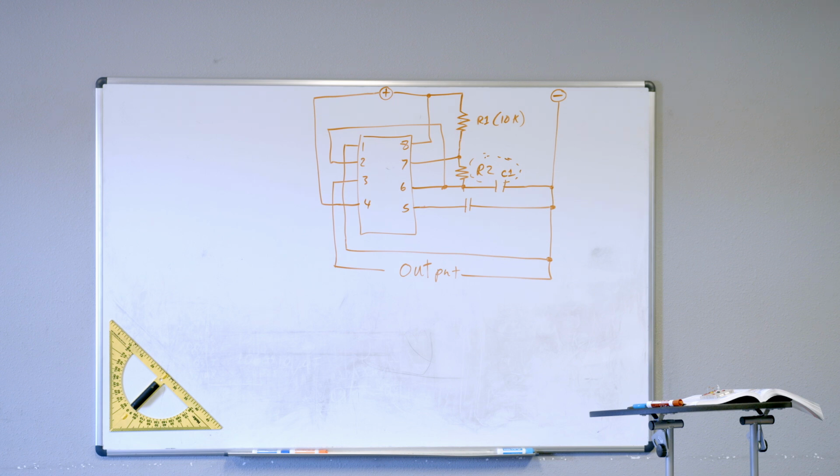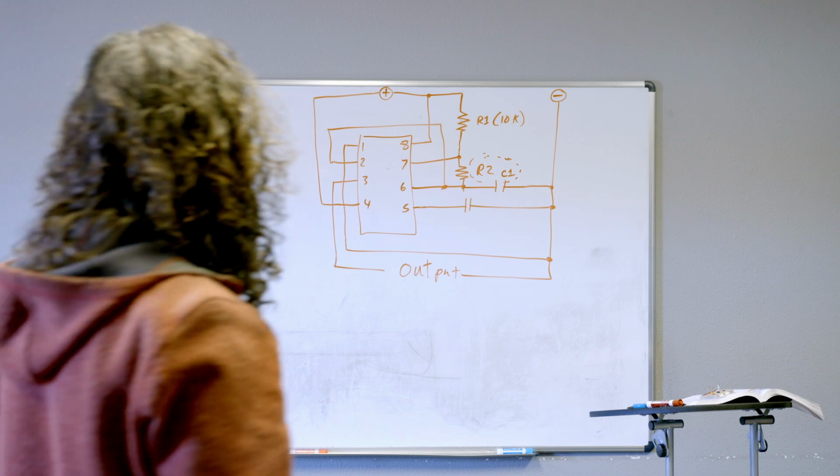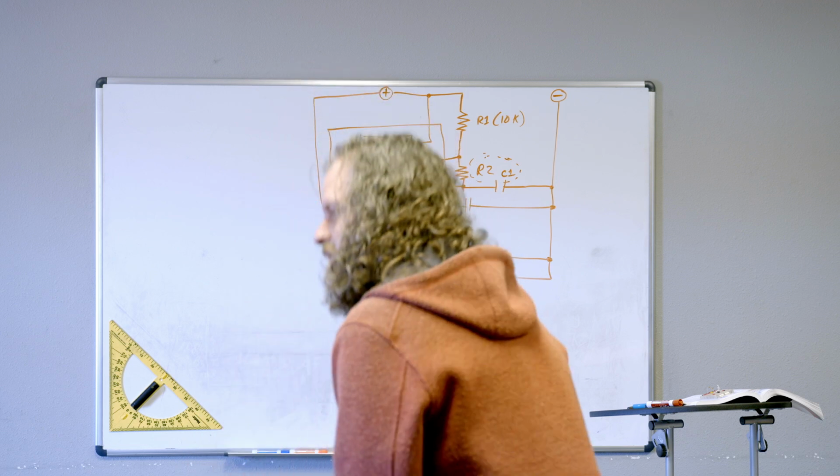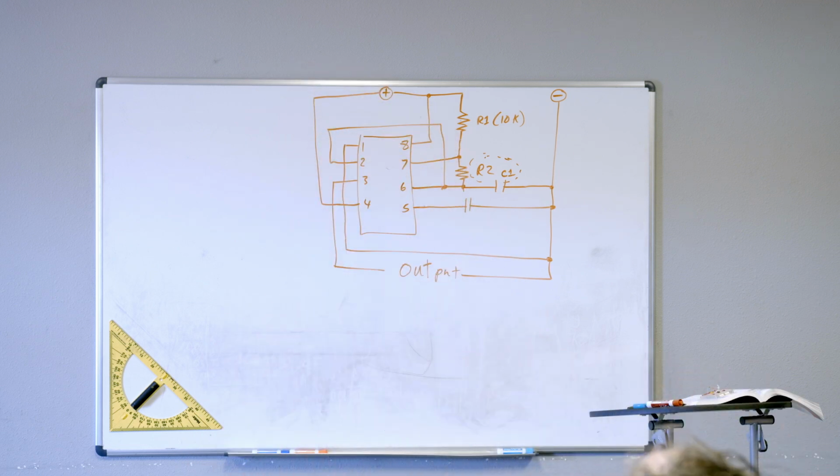What resistances did you use for R2? Did you use a 10K? I used yellow, purple, yellow. So what is that? 47K, or is it a 470K?